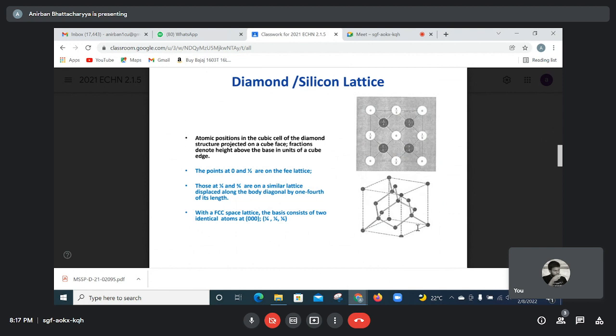These are shifted 1/4 the body diagonal away. So if you take the corner at the bottom and then you go 1/4 the distance along the body diagonal, you see another atom. That is something called a diamond lattice or the silicon lattice. They have the similar lattice actually. So this is the very specific problem of the silicon lattice.